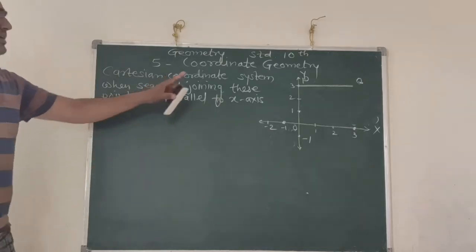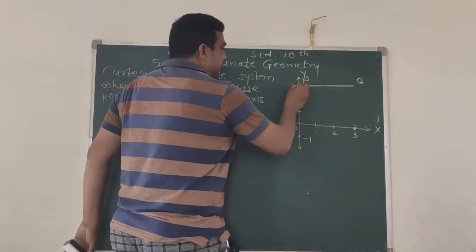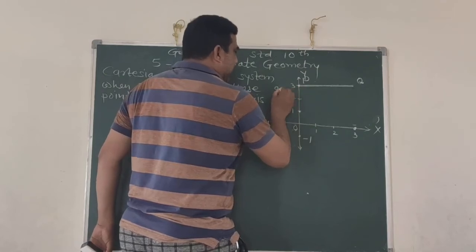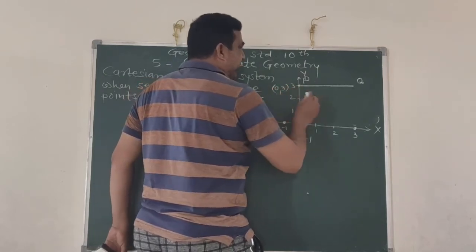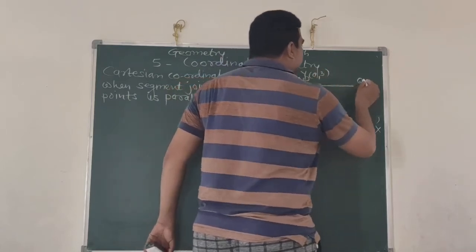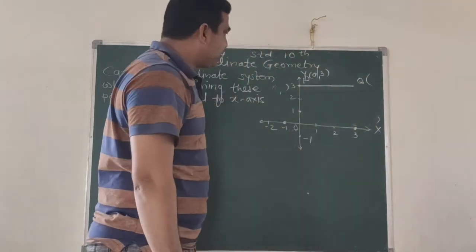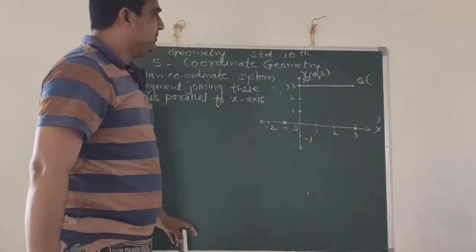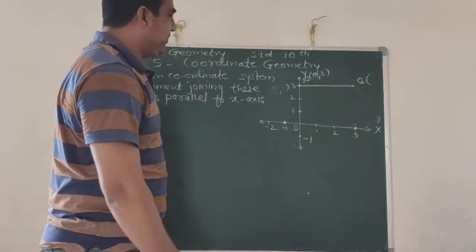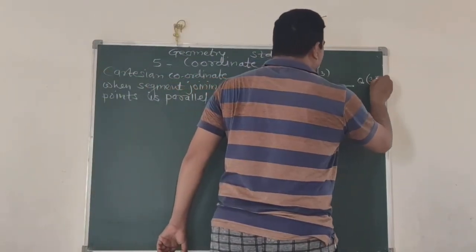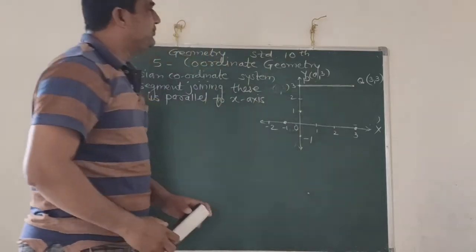First of all, let's mention their coordinates here on the y-axis. So x coordinate 0, y coordinate 3 for point P. I write here 0, 3. And here for Q, their coordinates are x coordinate 3, y coordinate 3 for point Q. Okay?